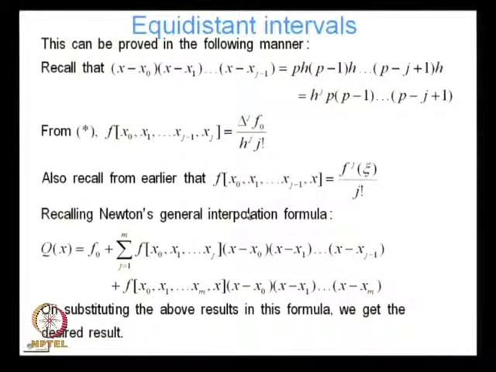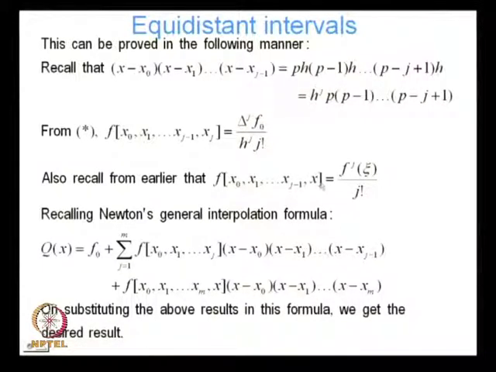Now let's go back to Newton's general interpolation formula, written in terms of the divided difference operator, that is, q(x) is equal to f0 plus sigma j equal to 1. This we have already seen, in terms of the divided difference operator.